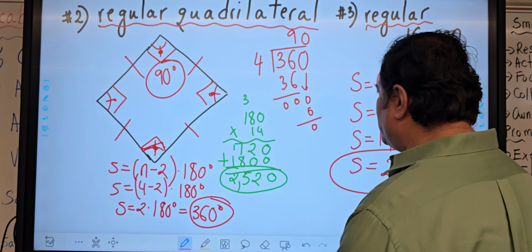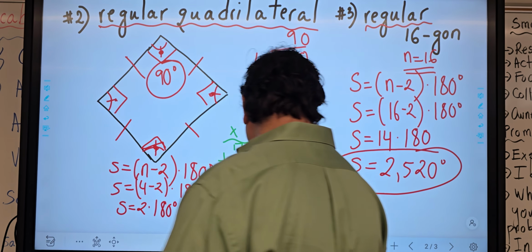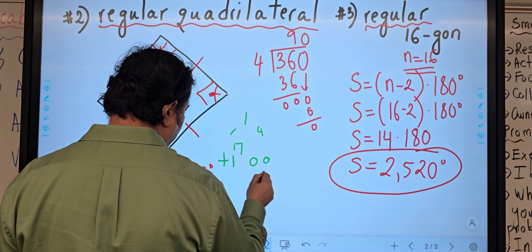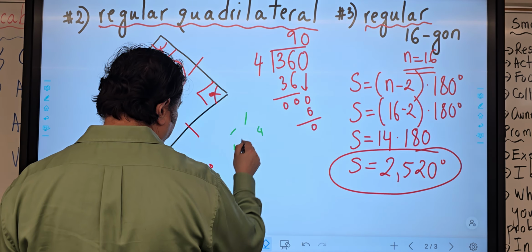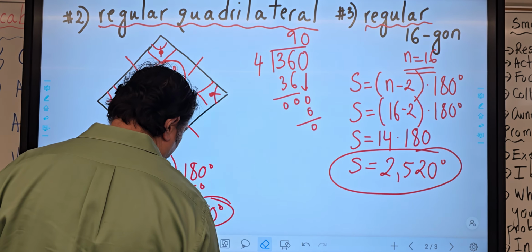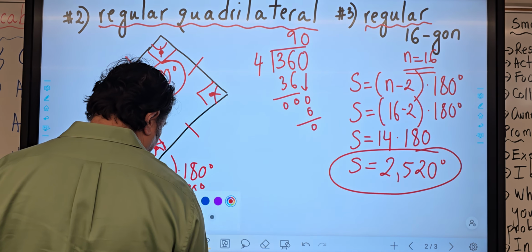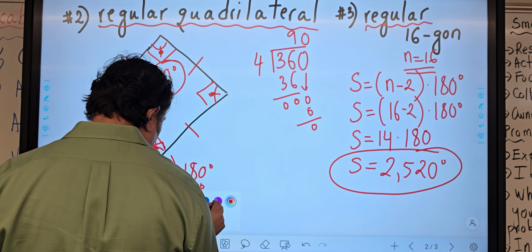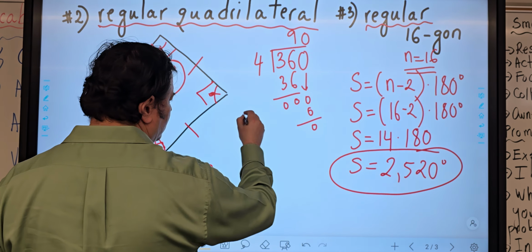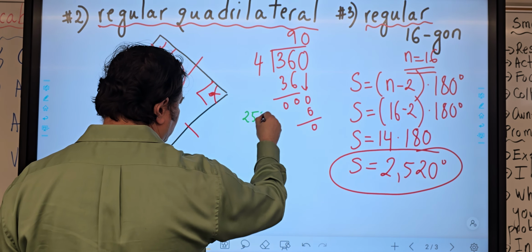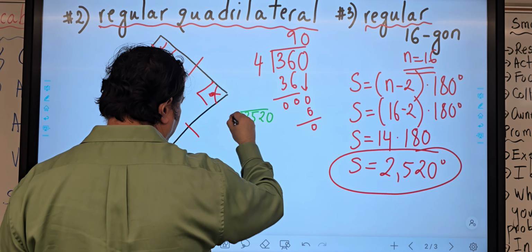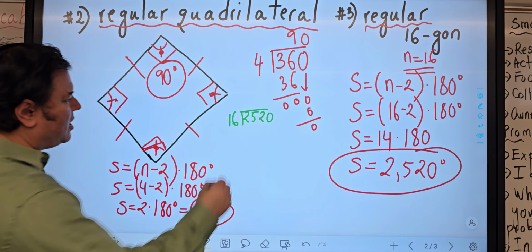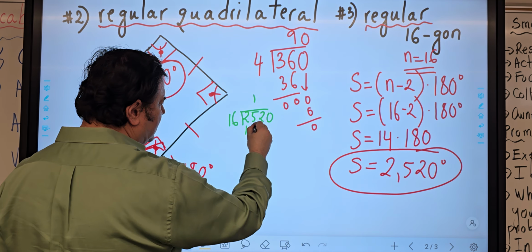2,520 divided by 16. Let me erase this here so we can have some space. Okay, 2,520. Let's use green again. 2,520 divided by 16. 16 goes into 25 one time. 1 times 16, 16.